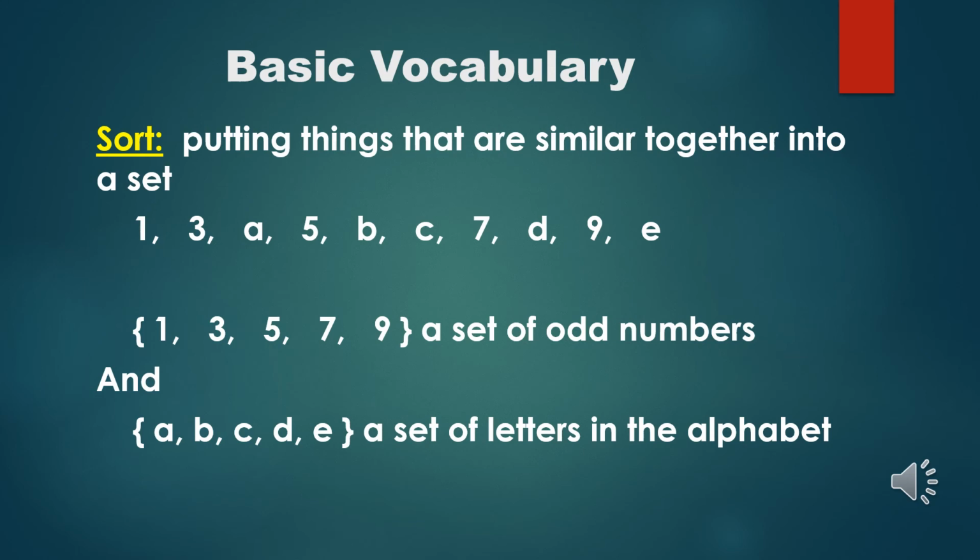And A, B, C, D, and E is a set of letters in the alphabet. We have sorted the numbers from the letters. We have actually created two subsets.